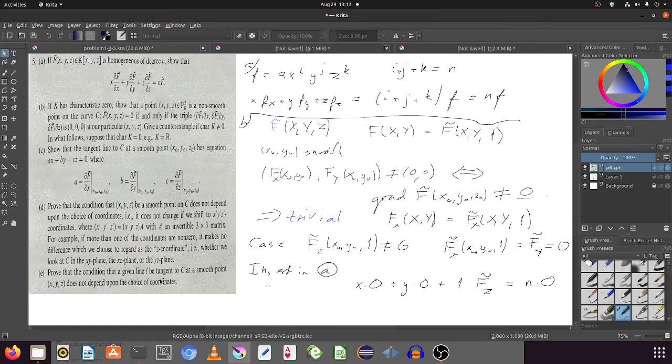I would actually like to prove this by showing that the line comes as a linear approximation to the curve.